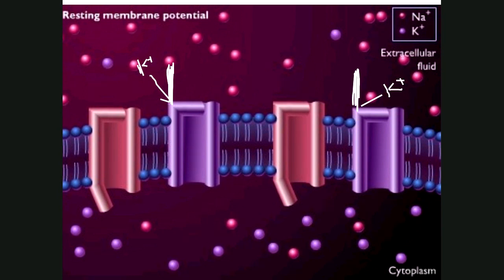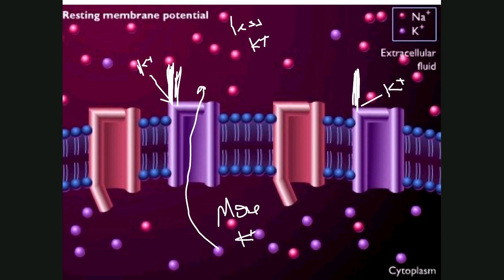Is it going to go from top to bottom or bottom to top? Which way is it going to go? Well, there's more potassium down here than there is in here. And so if I open the channel, potassium's going to go this way.